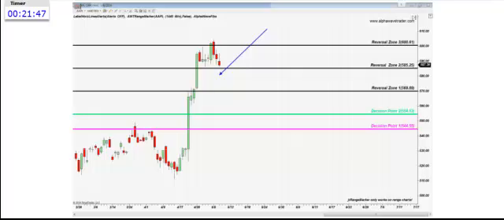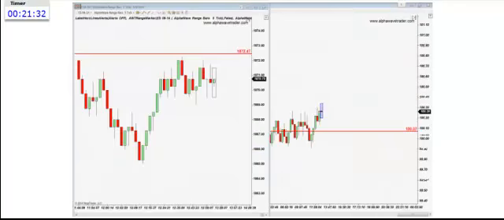Google, looking for Google. 1 second, please. Coming up. Here's Google. And the question on Google was on hourly, correct? Was it hourly or was it daily? Daily, no problem.